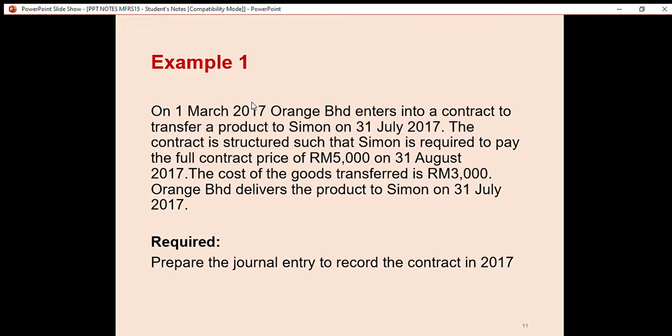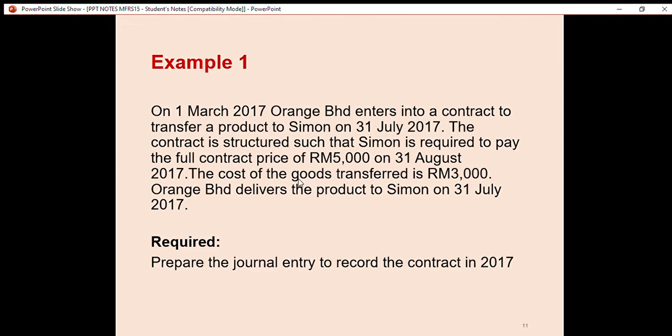On 1st March 2017, Orange Berhad enters into a contract to transfer a product to Simon on 31st July 2017. The contract is structured such that Simon is required to pay the full contract price of 5,000 on 31st August 2017, and the cost of the goods transferred is RM 3,000.